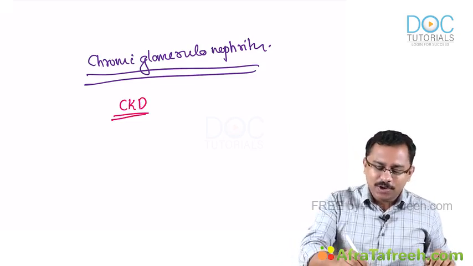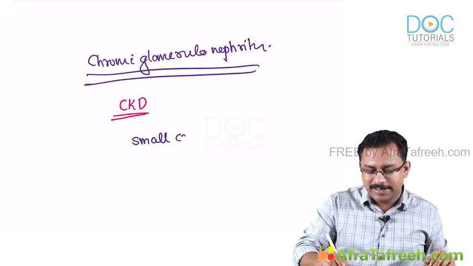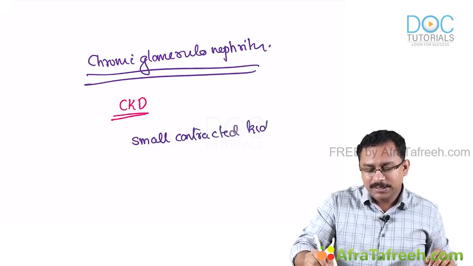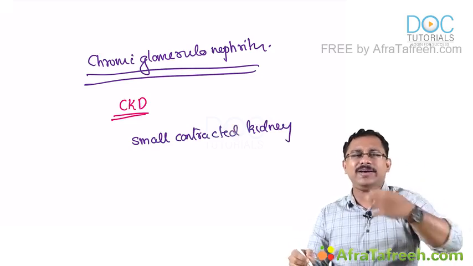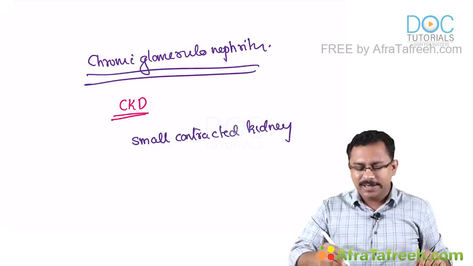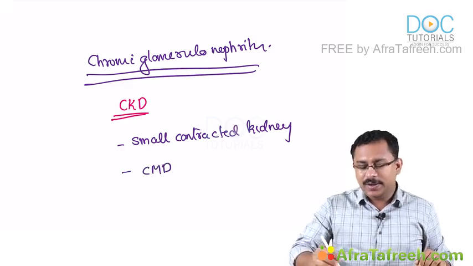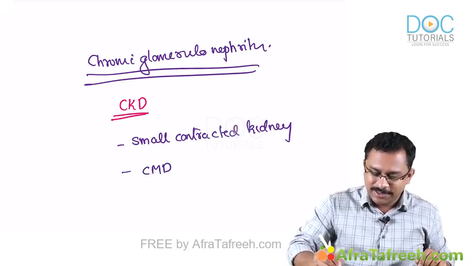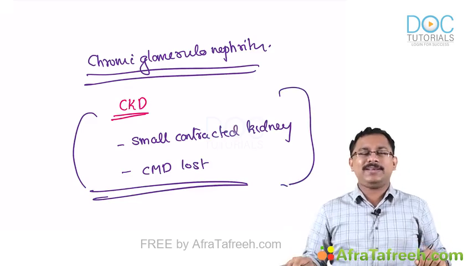So in chronic glomerulonephritis, you will have a small contracted kidney. Just imagine a case of, say, an IgA nephropathy going on to develop a chronic glomerulonephritis: a small contracted kidney, and your corticomedullary differentiation will be lost in case of chronic glomerulonephritis.